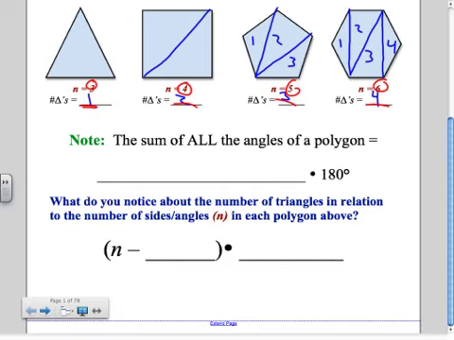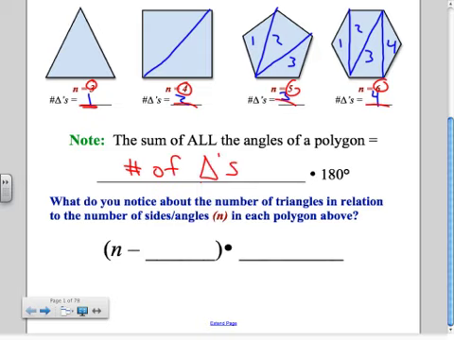The sum of all the angles of a polygon is given by the formula n minus 2 times 180. Or really, let me actually rewrite this. In this spot, and this is just so we're being consistent throughout our notes, we'll say it's the number of triangles times 180.